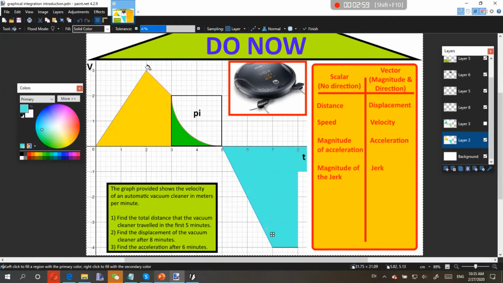Okay, so this area in yellow I could split up into this triangle, this trapezoid. This area in green, I've got a box, and then I could cut out the circle that is here. This area in blue is another triangle.